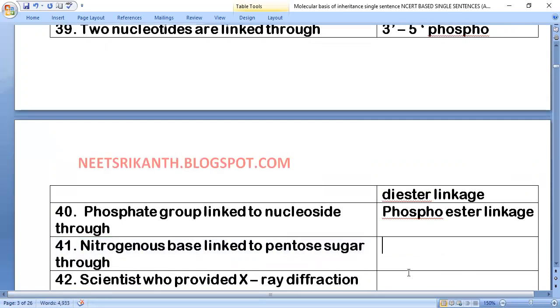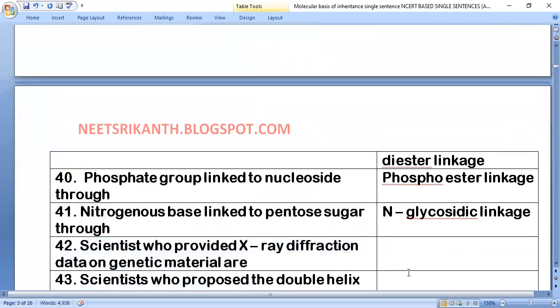Nitrogenous base is linked to pentose sugar through N-glycosidic linkage. Scientists who provided X-ray diffraction data on genetic material are Maurice Wilkins and Rosalind Franklin.